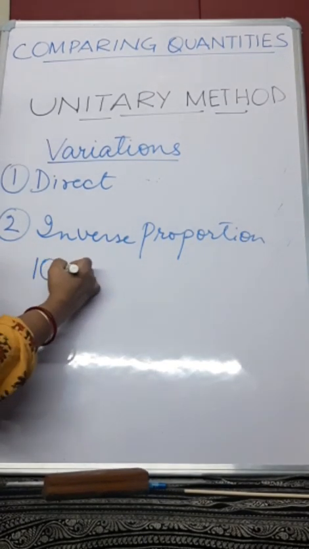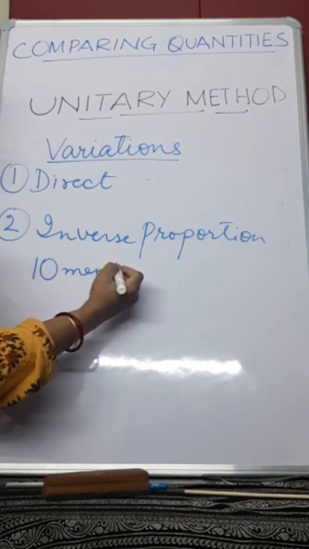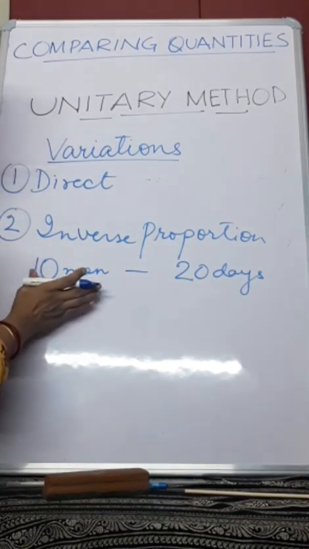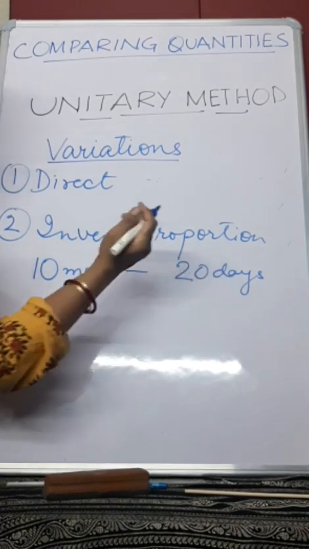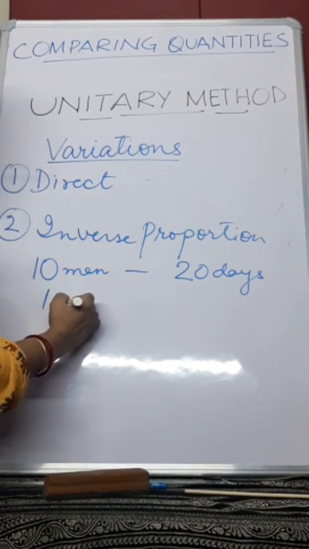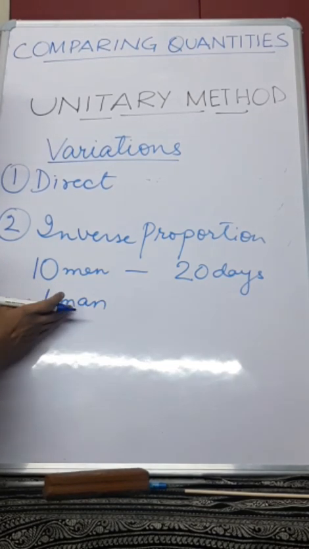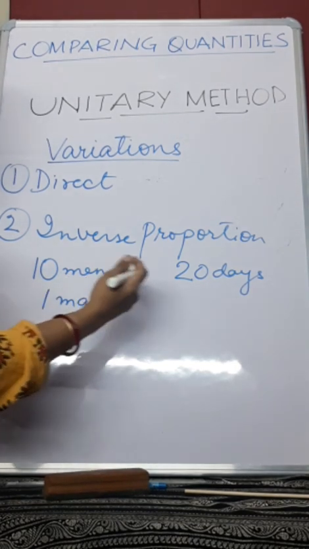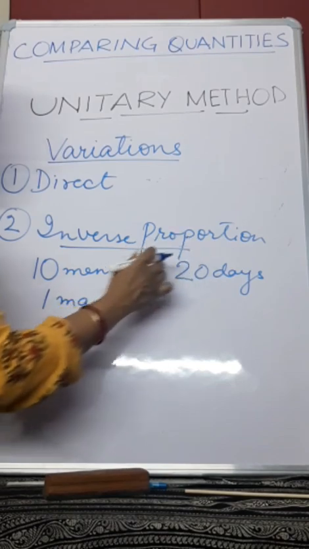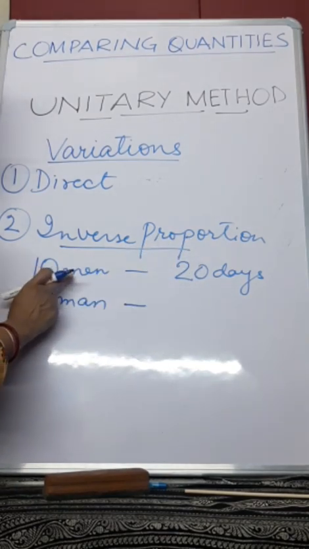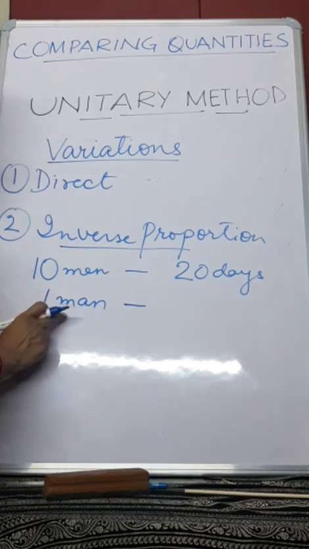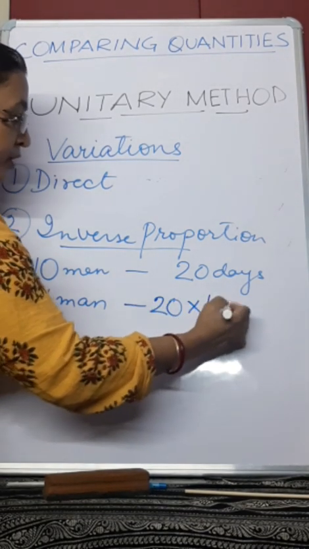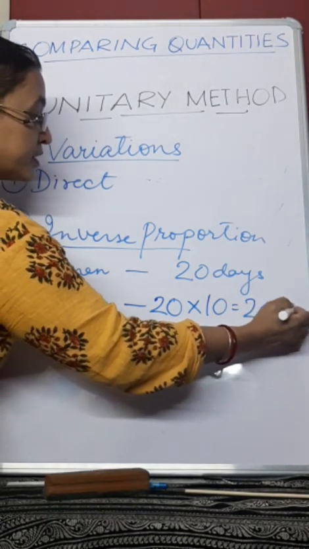If 10 men can complete a work in 20 days. 10 men are engaged in some work, they complete it in 20 days. If one man has to do all that work, he will take more time. Here we have to multiply. In inverse proportion, we have to multiply because the work done by 10 men has to be done by one man. So he will take more days. So he will take 20 into 10, that is 200 days.